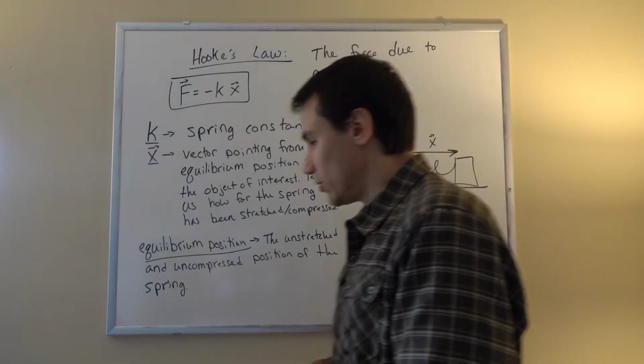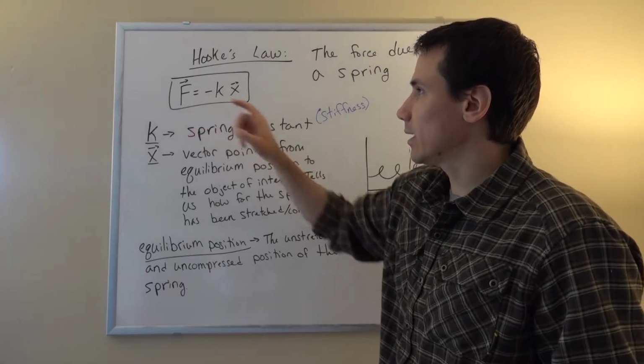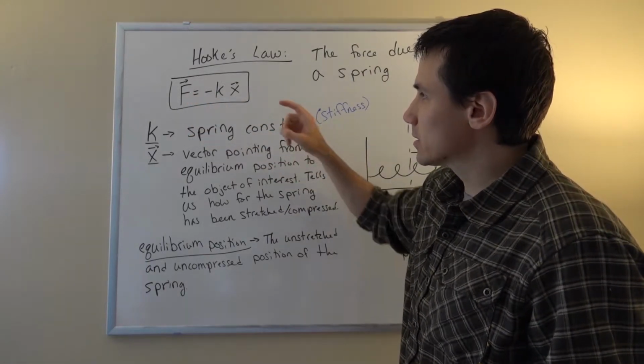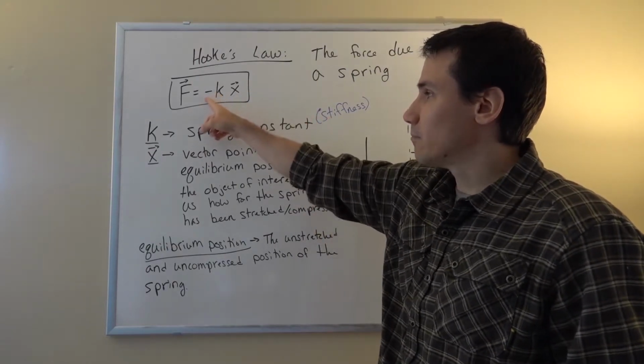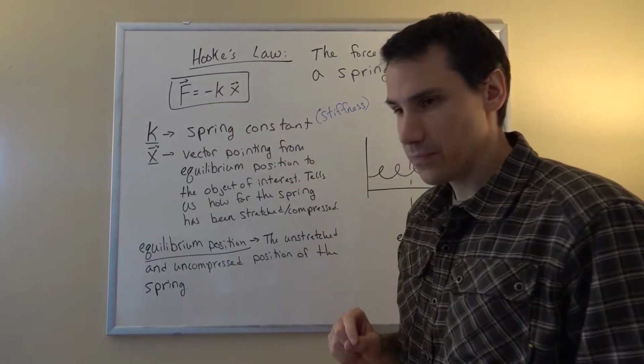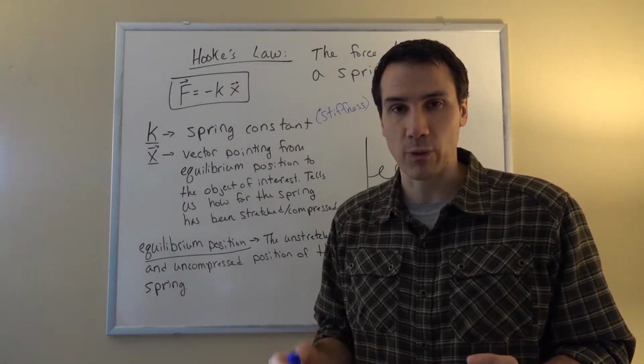Okay, notice that, of course, force is a vector, right? And it equals a scalar multiplied by another vector with a minus sign out front. The minus sign tells us the direction of the force.